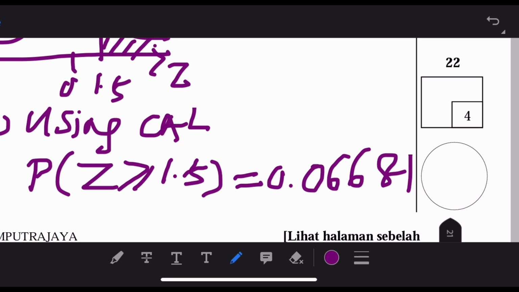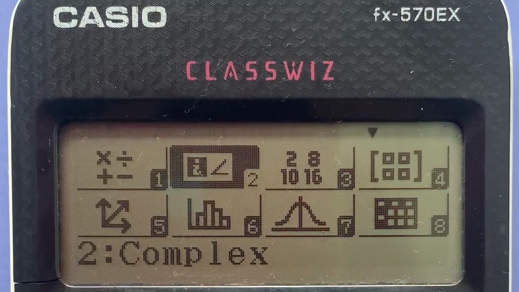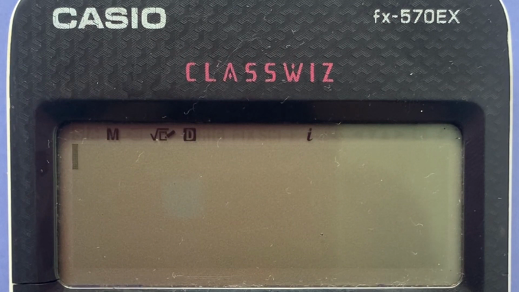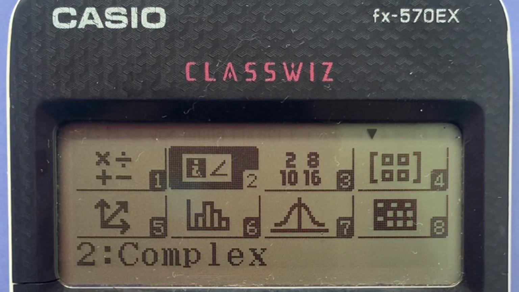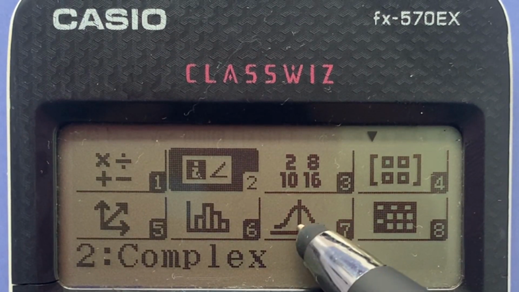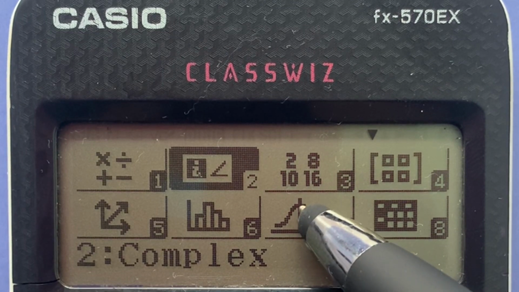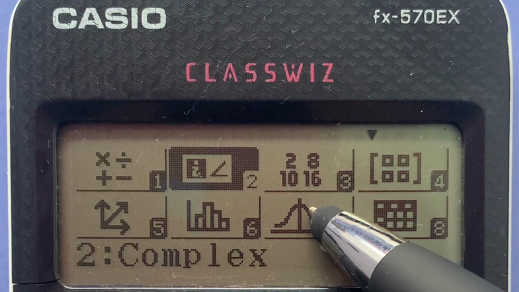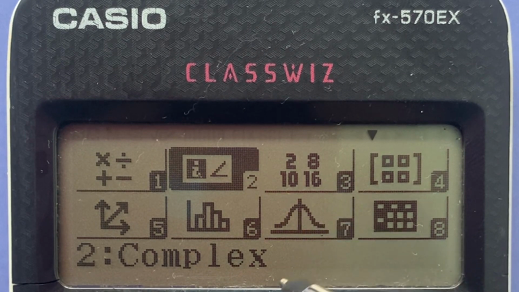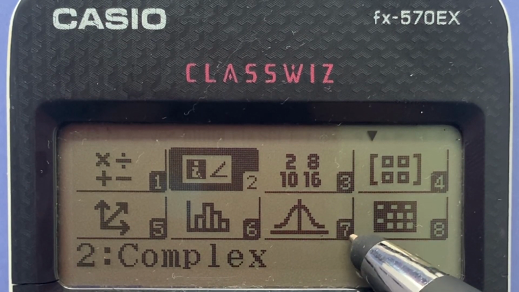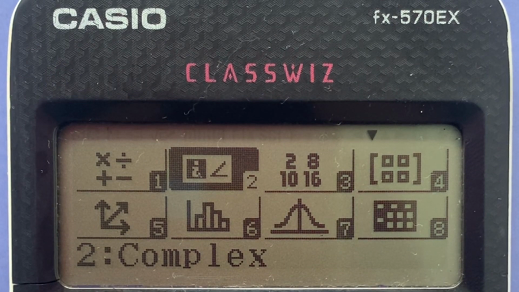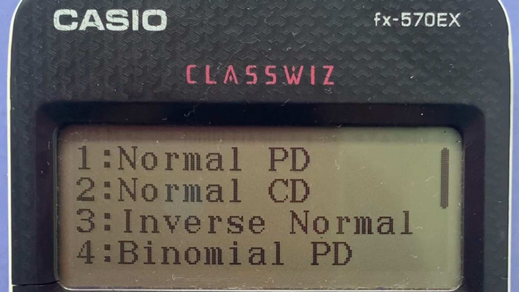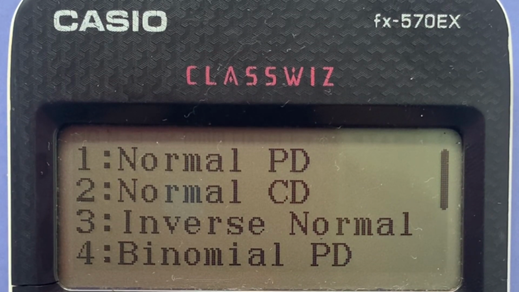If you are not sure how to use your calculator, later I will show you how to use the latest brand calculator, which is Casio FX570EX. First of all, you go to setup, then you choose the bell shape, that is actually number 7, then you choose normal CD.